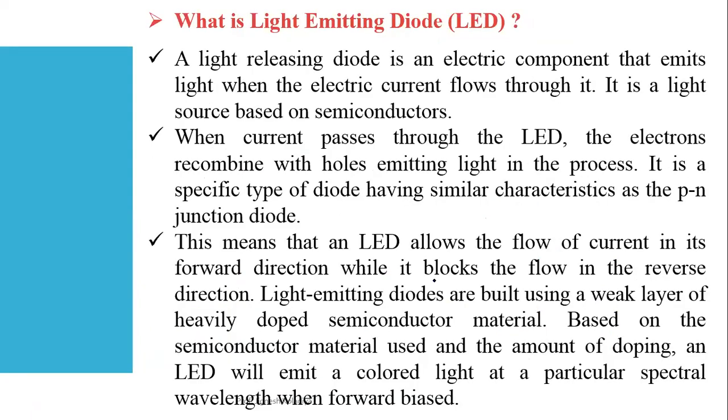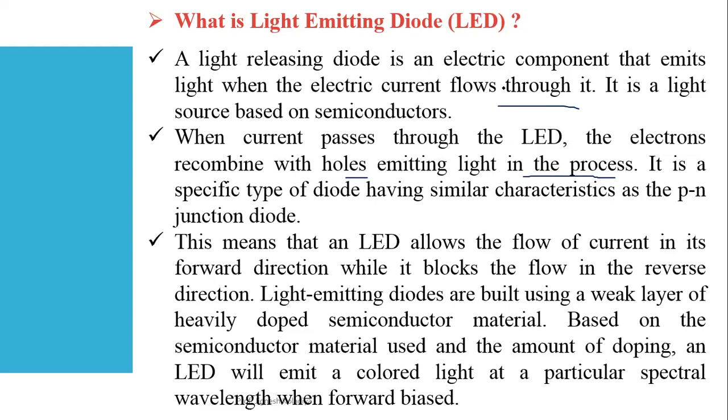A light emitting diode is an electric component that emits light when electric current flows through it. It is a light source based on semiconductors. When current passes through the LED, the electrons recombine with the holes, emitting light in the process.